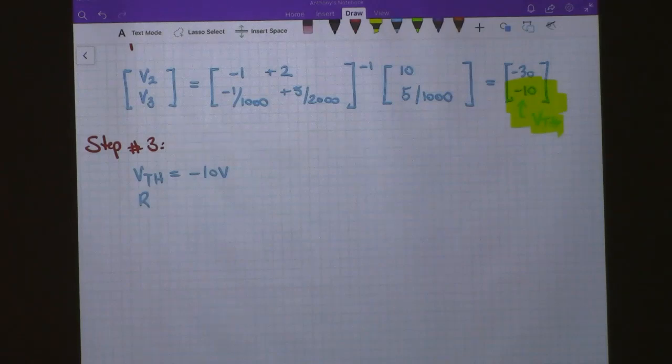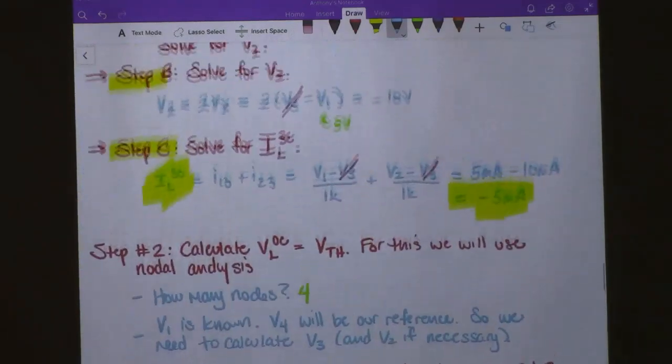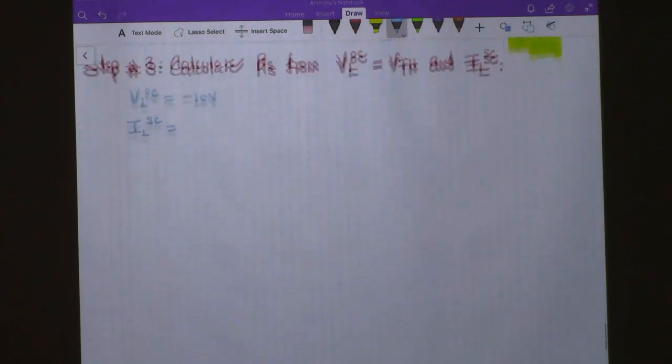We have to calculate RS from VL open circuit, which is the same as V Thevenin, and our IL short circuit. Right? So VL open circuit is negative 10 volts. IL short circuit is equal to negative 5 milliamps.